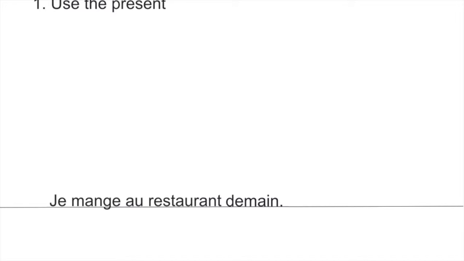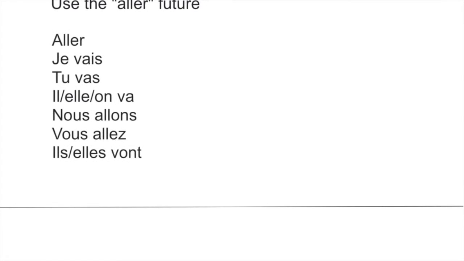The second way to refer to future time in French is to use what I've called the aller future. This is really very similar to using going to in English. Here's the verb aller in the present tense. And what we are going to do is to slot whichever form of aller we need, the underlined part that is, in front of the verb describing the future action we are referring to.